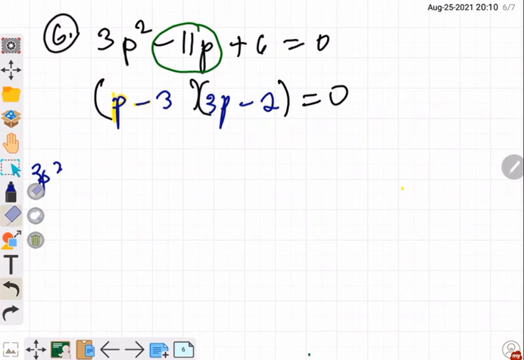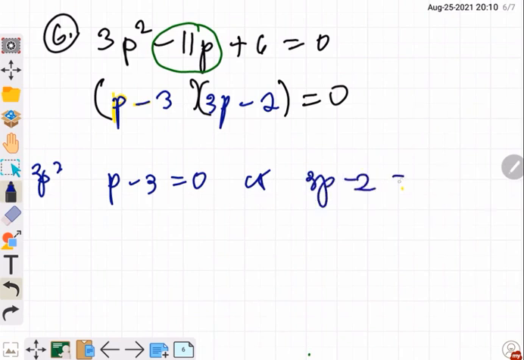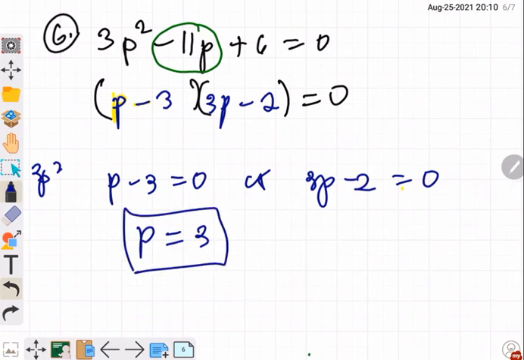So by zero product property, this becomes p minus 3 equals 0, or this one becomes 0. So here p is just 3. That is our first solution. Here we need to add 2 to both sides. That's the rule in equation. Whatever you do on the left side, you must do on the other side of the equation. It's like a balance scale.